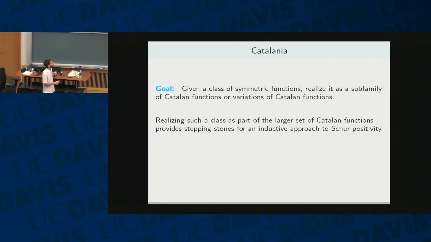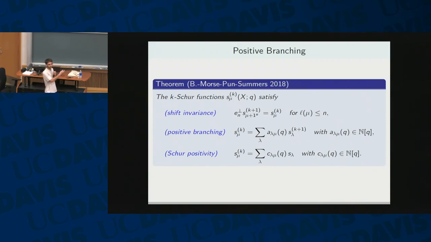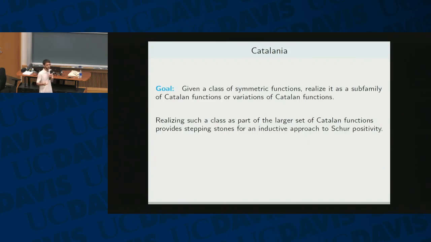Like in this previous result, we got something nice out of that, but I want to get to the heart of why it's nice to realize a class of symmetric functions as a subclass of Catalan functions. And maybe the first and simplest reason is just that there are so many Catalan functions, because there are so many root ideals.